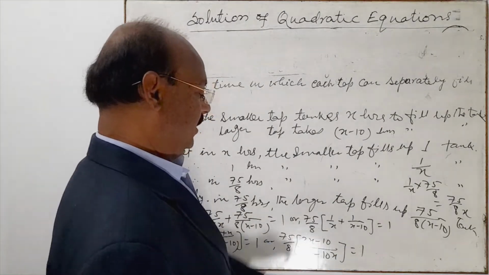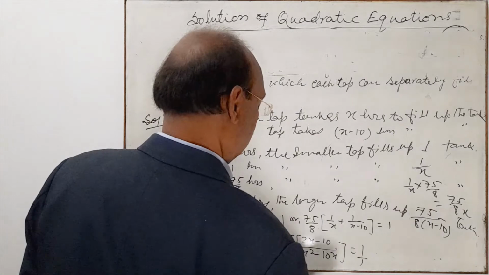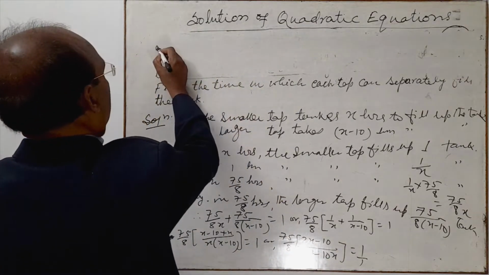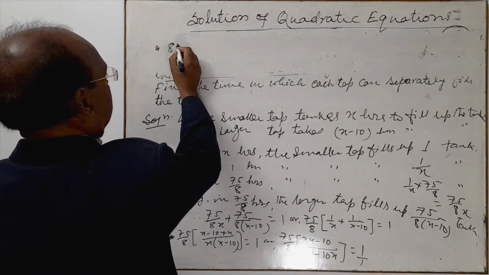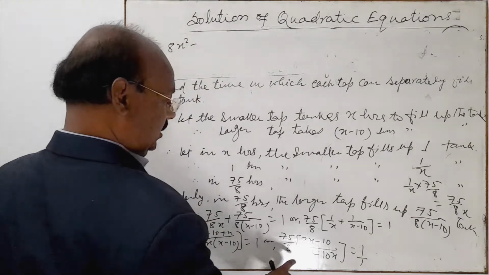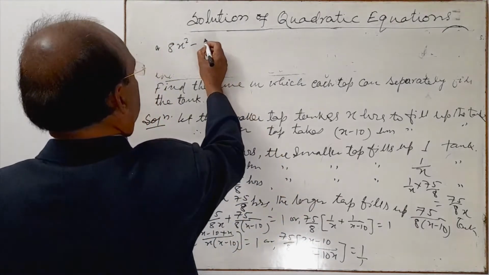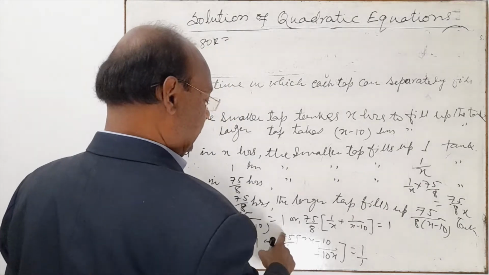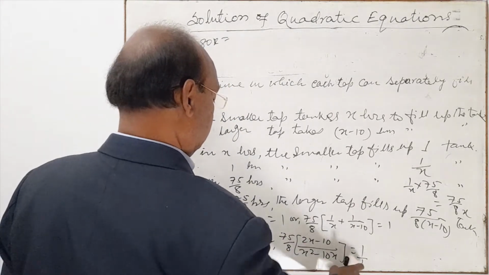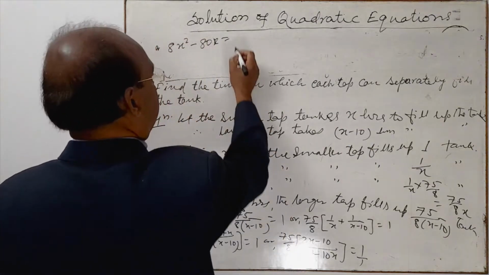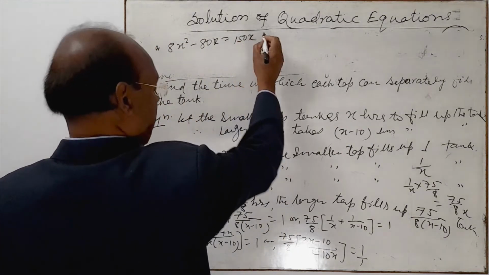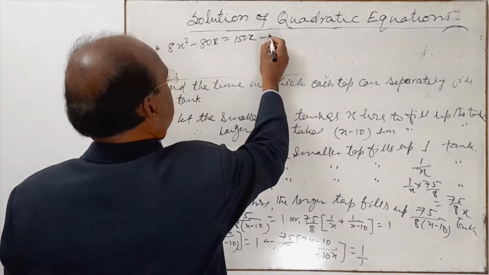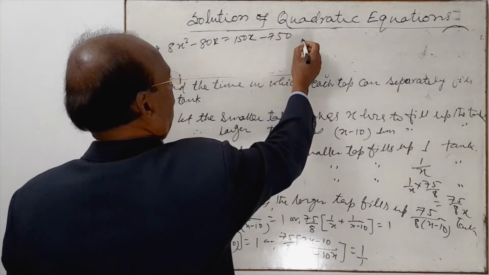By cross multiplication, we can write 8x² − 8 into 10x − 80x is equal to 75 into this much into 1, which means 150x − 750.